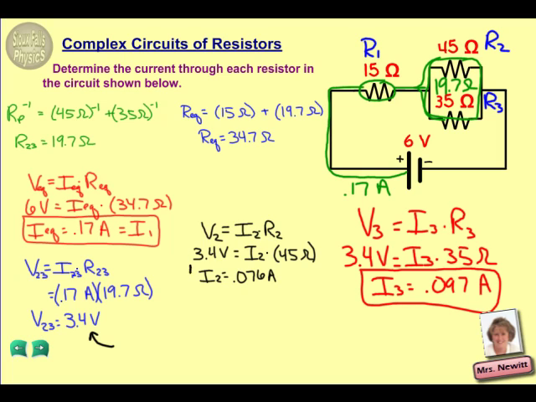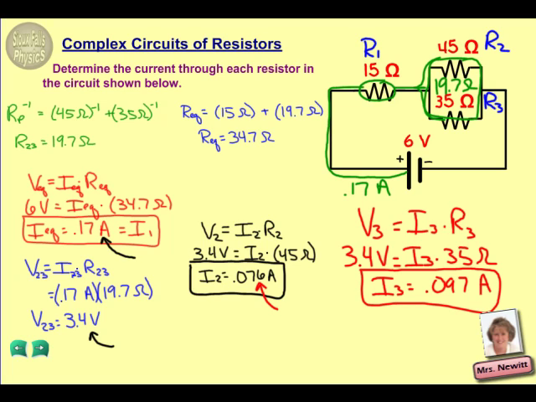Now again, notice that between currents 2 and 3, we have a double check. They should add to give us the same as our total for the circuit of 0.17. And as you get more comfortable, that also will give you a little bit of a shortcut, because as soon as we found current 2 to be 0.076, we could have just subtracted to see what was left for current 3.